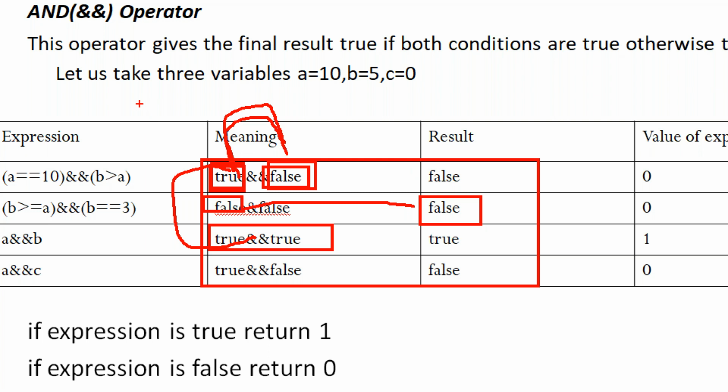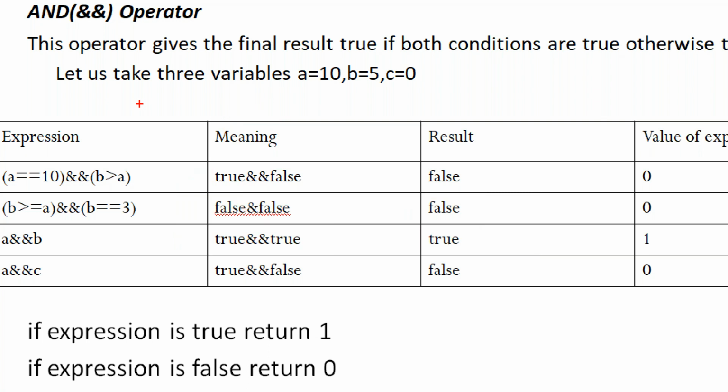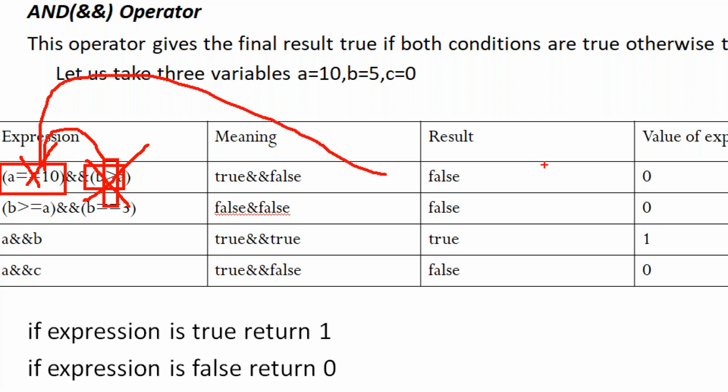See, I have to explain one more time here. If this is true, then only the compiler verifies the second expression. If the first one is false, it won't verify the second one. Blindly, it can assume the result is false. This is a special case. And I will give one example related to this program also.